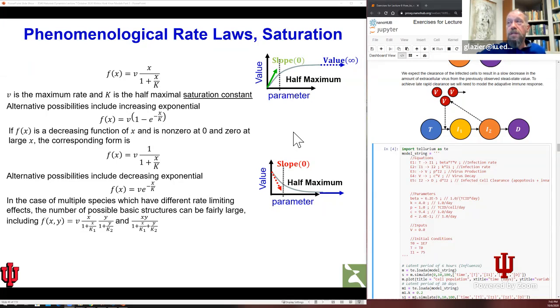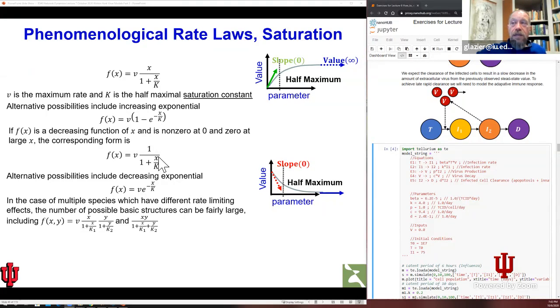I might also want something which is the flip of this, where I start not at 0, wind up at 0 at large values, and my slope is non-zero decreasing at the beginning. And that is easy to do. Instead of putting an x in the numerator, I put a 1 in the numerator.